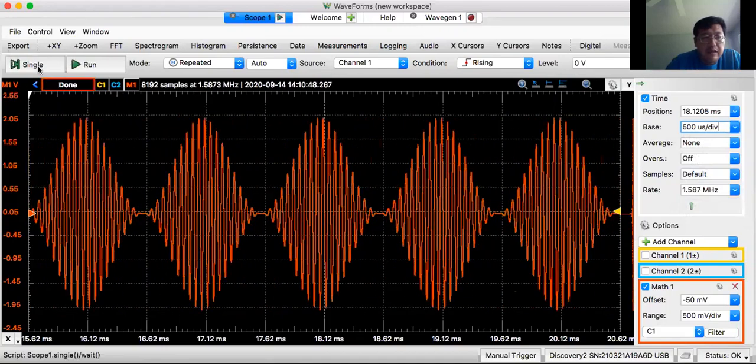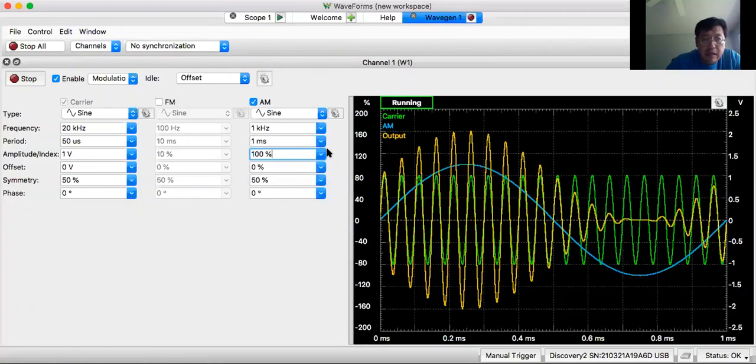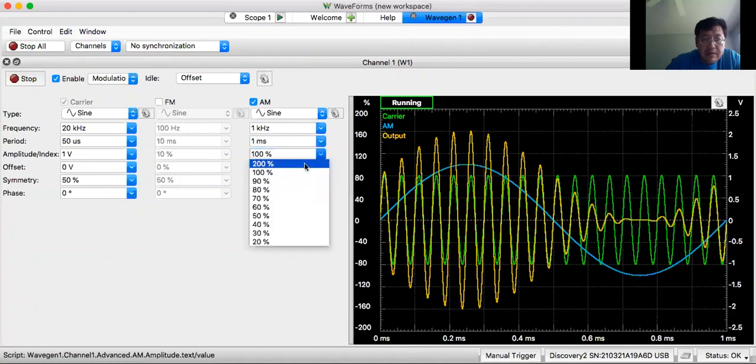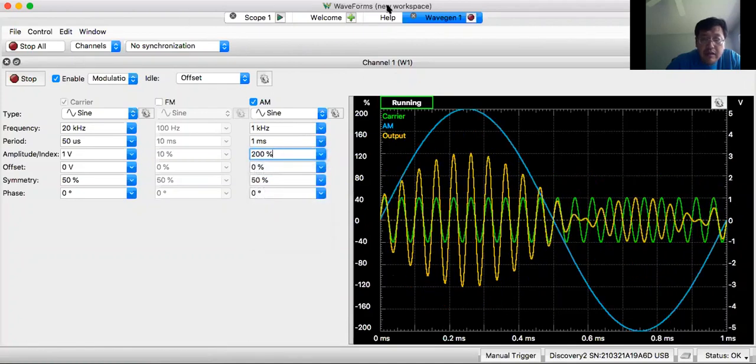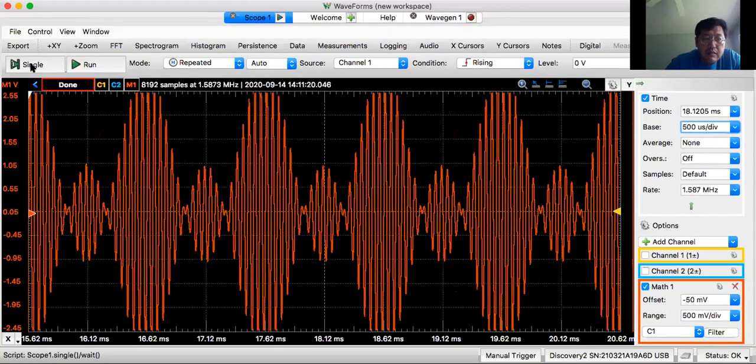What happens if you keep increasing the intensity of your modulating signal, this 1000 hertz? You will over-modulate. So let's look at what over-modulation means. Let's see, the modulation index changed to 200%. Now we are over-modulating. So that's what over-modulation looks like.